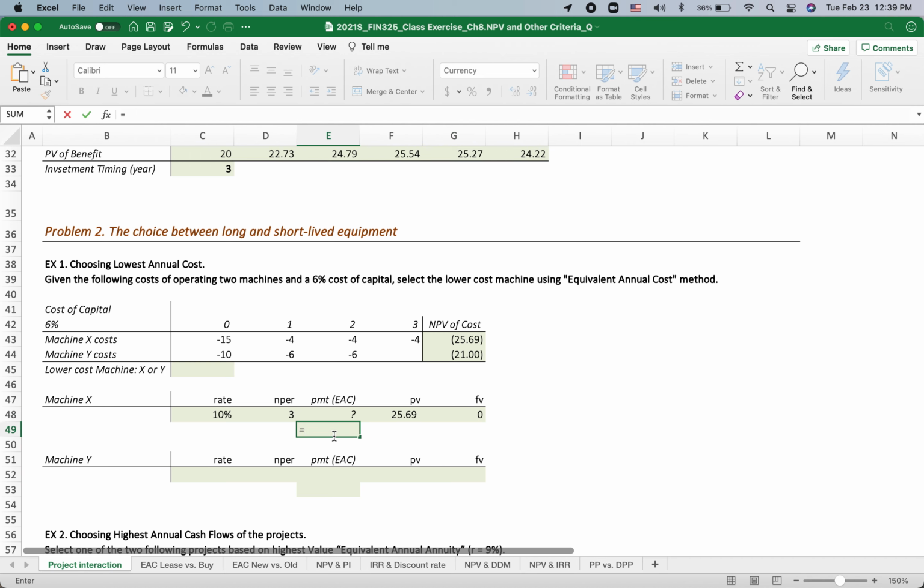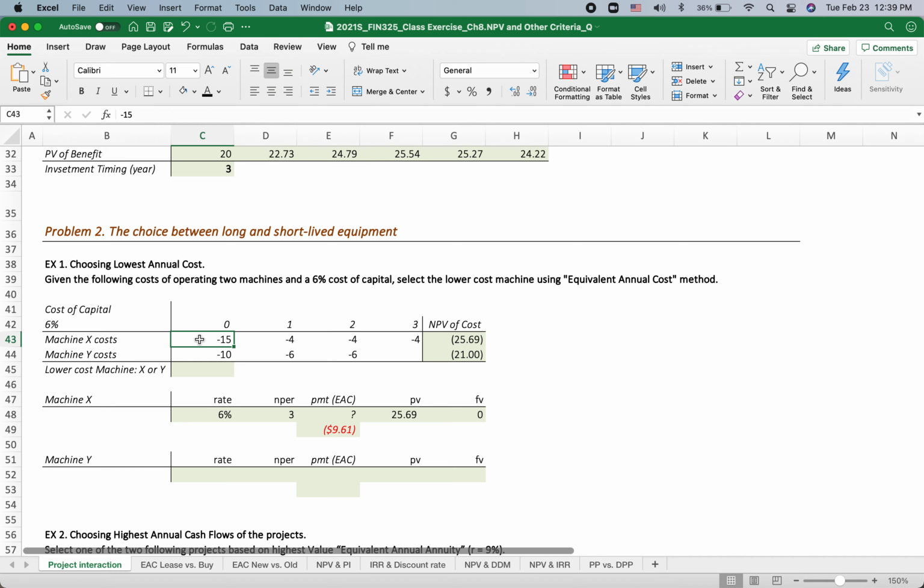Then this PMT is calculated. Oh, sorry, this rate should be 6%. So $9.61 is the annual cost.